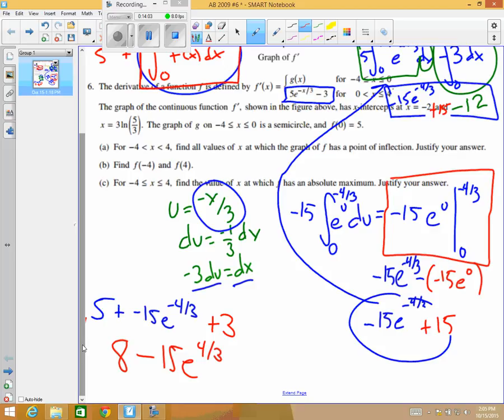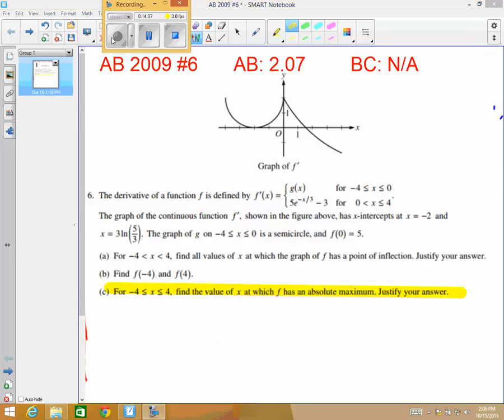Part C is a little bit more friendly than Part B, and not too bad, actually. It's asking you to find out the value where f, not f prime, has an absolute maximum. If you can interpret what this graph looks like and what it's really telling you, you should be able to figure this out.